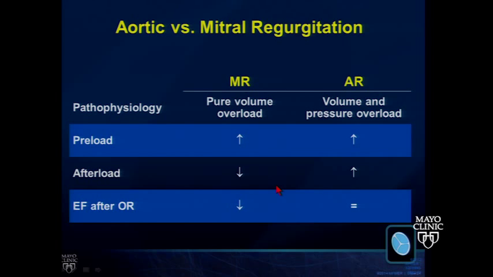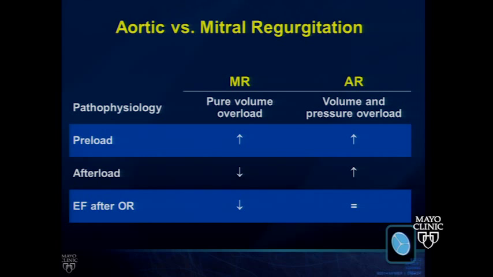Now the pathophysiology of regurgitant lesions, we're going to take some time on. The reason we had the talk the first night on the effect of loading conditions on myocardial performance is specifically because you need to know this to understand the pathophysiology of regurgitant lesions and thus understand timing of operation.